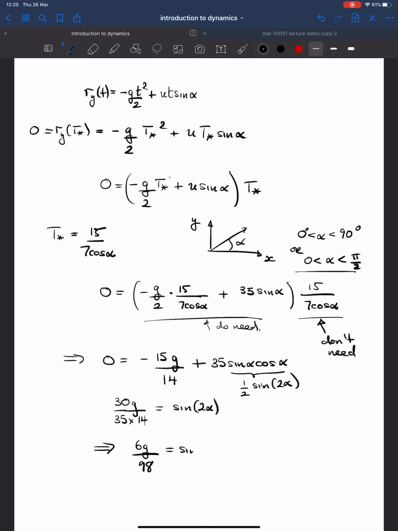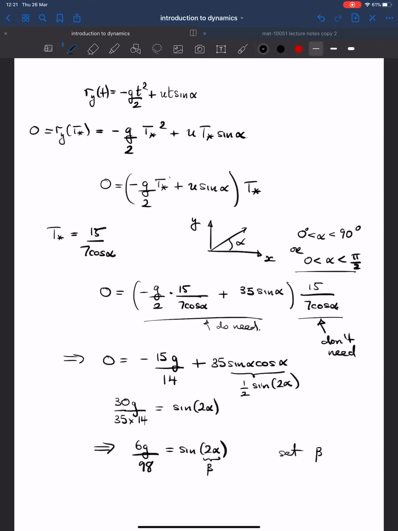equals sine 2 alpha. Now you're probably wondering, where does the business of 2 angles come in? Well, let's set this equal to x, or better still, set it equal to beta, because x I know we're using for other variables.